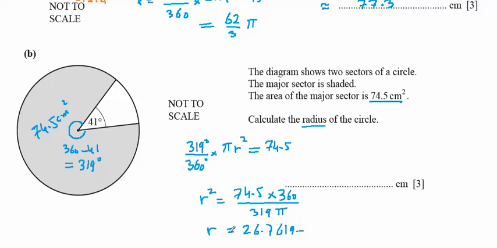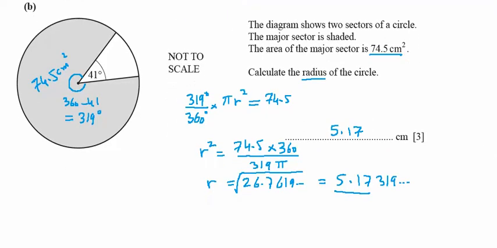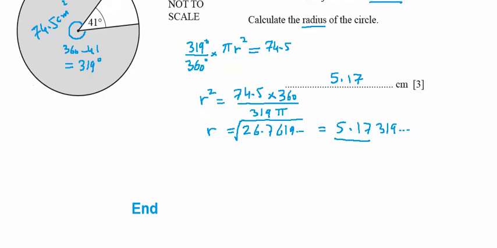So r will be equal to the square root of this, which is 5.17319 and so on. To three significant figures, it will be this, because the neighboring number is smaller than 5. So the answer will be 5.17 centimeters. This is the radius of this circle when the area of the major sector was given. Okay, so these were the questions. So it's done.